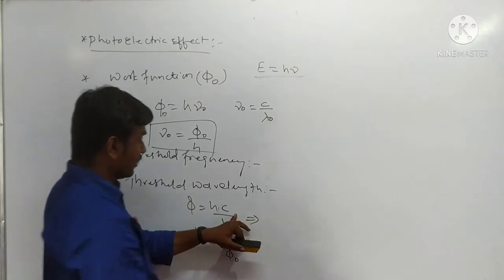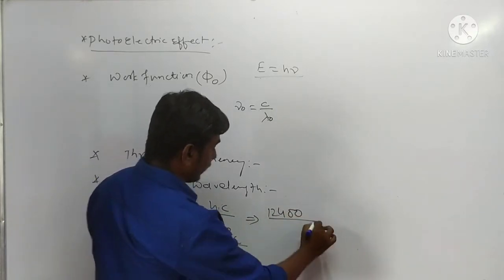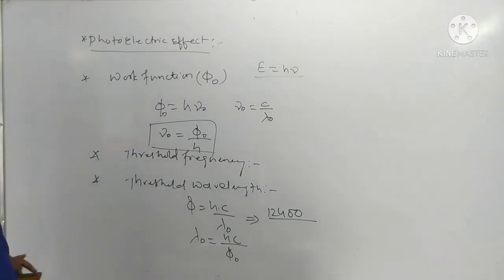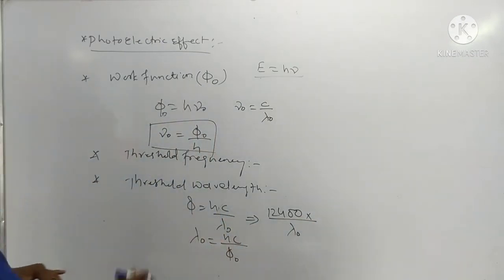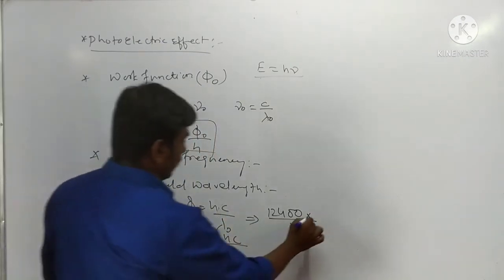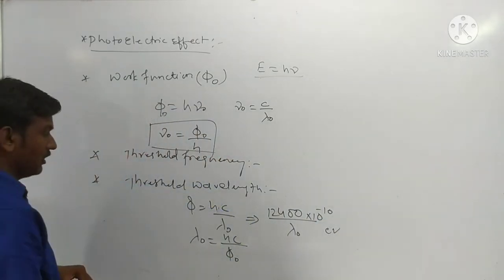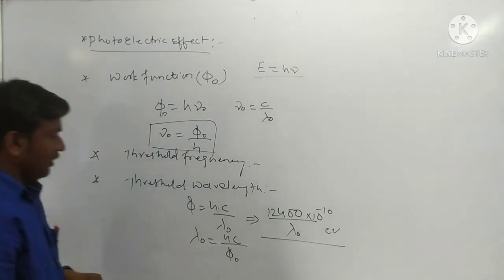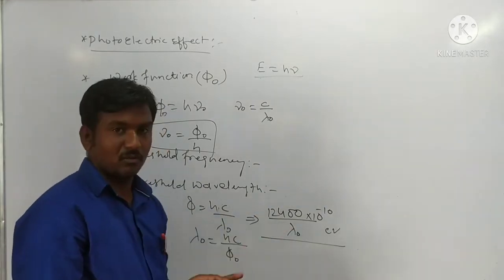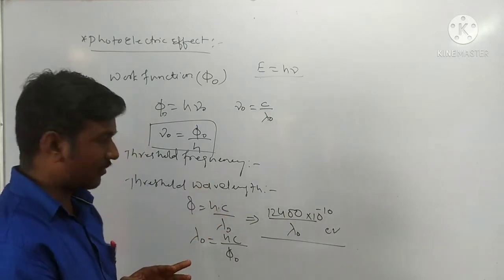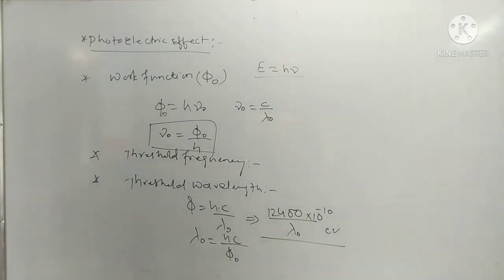Keeping the constant terms, this is calculated as 12400 divided by the work function in electron volts, with lambda naught in angstroms, that is, 10 power minus 10 meters. We can use an alternate equation for solving the problem. Let me take some important problems on this.